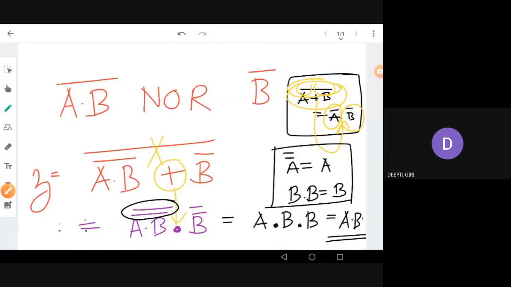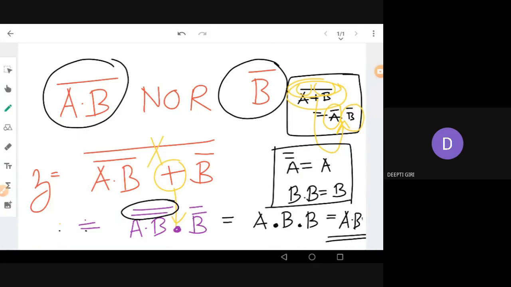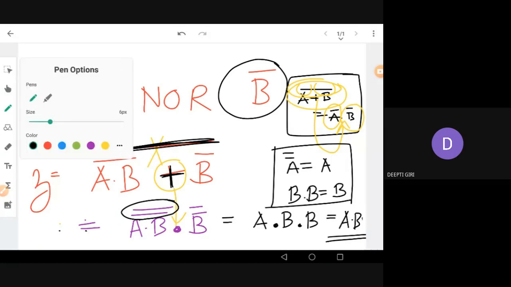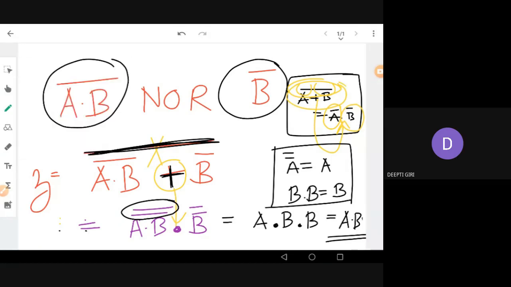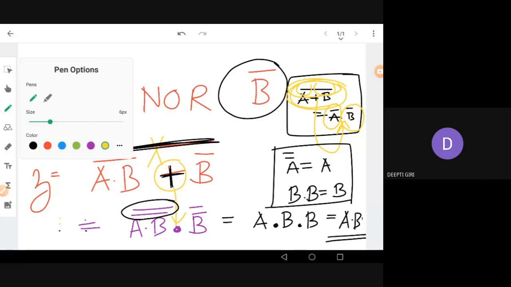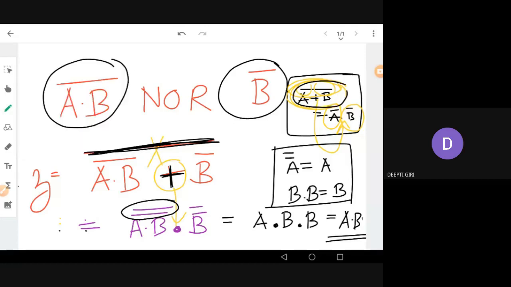NORing these two things, A into B bar and B bar. So NORing is what? Logically adding and negation. Then I am using De Morgan's law, that is (A plus B) whole bar, that is NORing, splitting the bar, A bar into B bar.